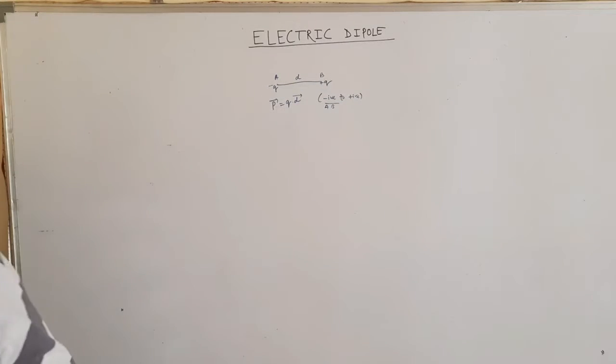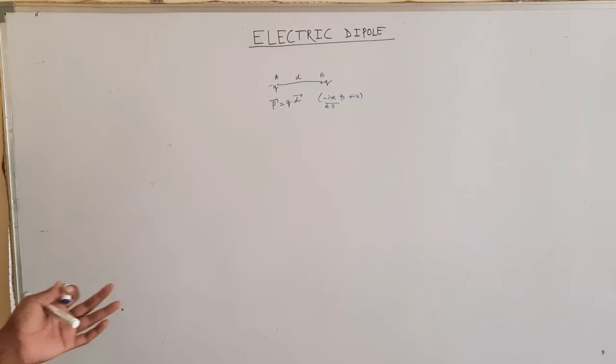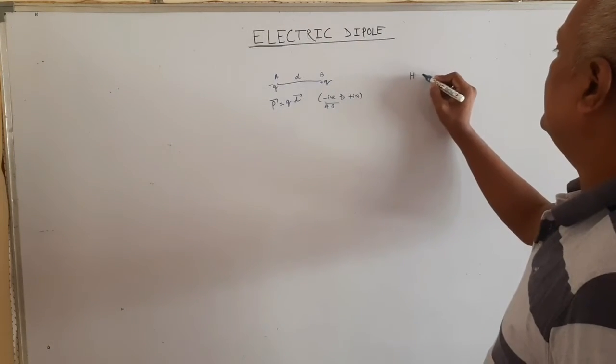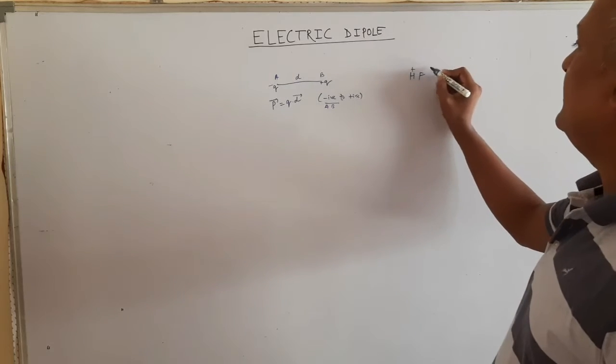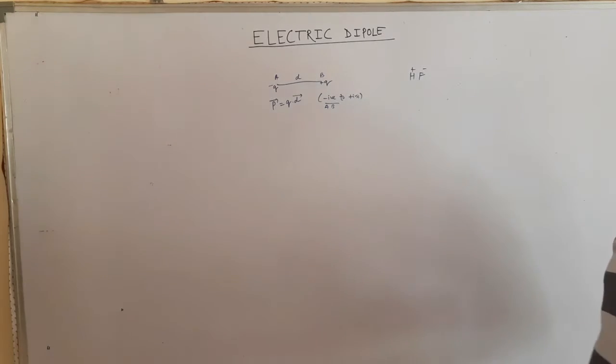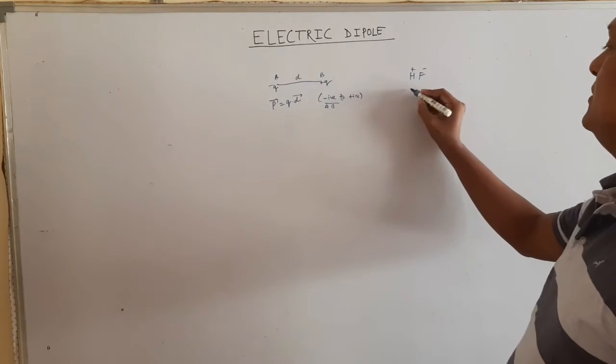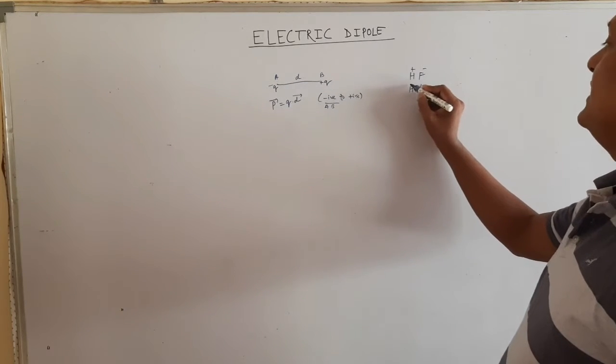This is the direction. Now the electric dipole is a very important phenomenon, because in chemistry you study that hydrogen fluoride and hydrogen chloride are polar covalent molecules, so they have charges on them, so this is a dipole with a dipole moment.